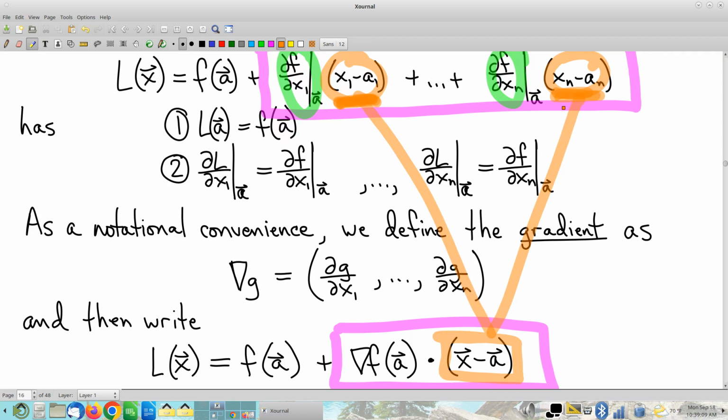So, okay, again, what do we have here? Not only is it a dot product, it's a dot product where one of the factors is natural. X minus a literally represents the differential of, well, I was at the vector a, now I have moved to the vector x, and that difference represents how much I moved in the input.